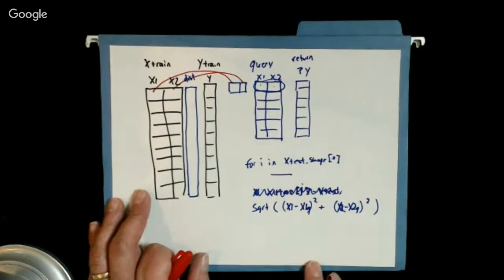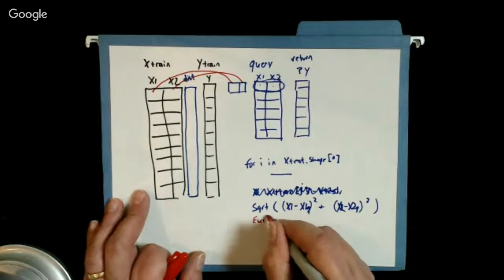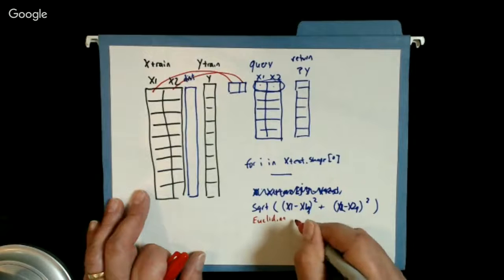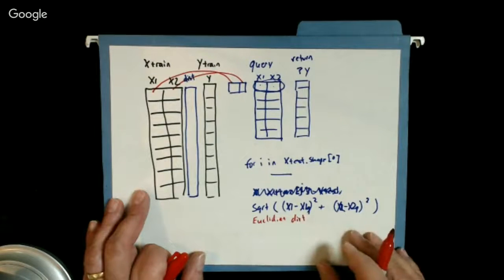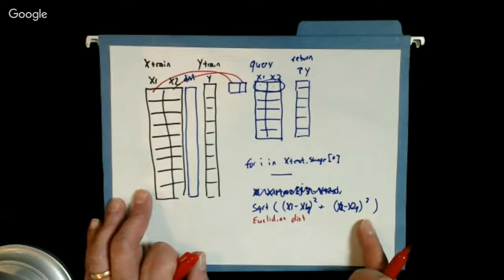And then you take the square root of the whole thing. And that's Euclidean distance. It's easy enough just to calculate this yourself, write a simple equation to calculate it.